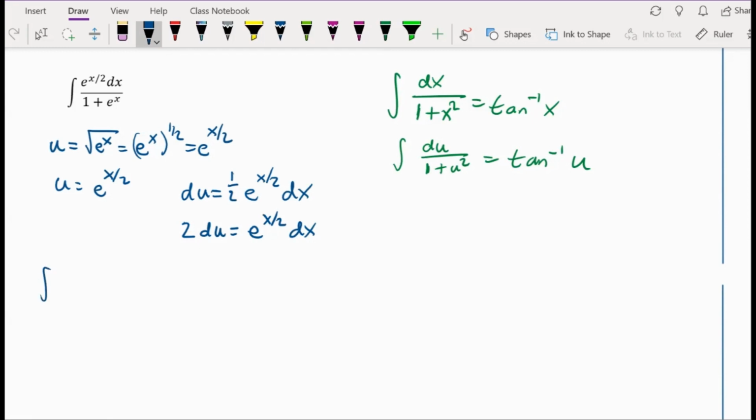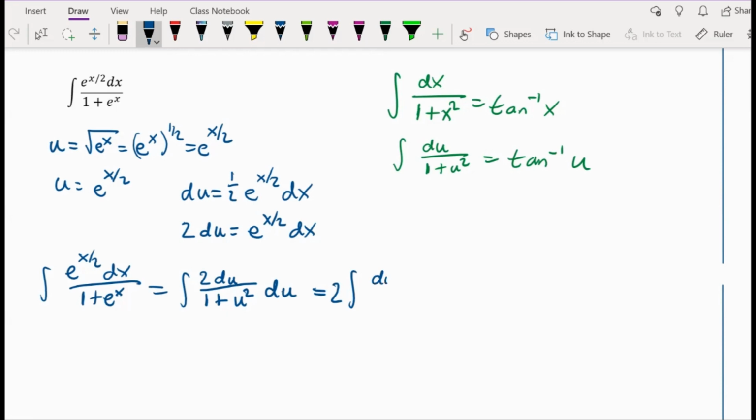We have the integral of e to the x over 2 dx over 1 plus e to the x is equal to the integral of 2 du over 1 plus u squared. Okay, so now let me just rewrite this one more time: 2 times the integral of du over 1 plus u squared.